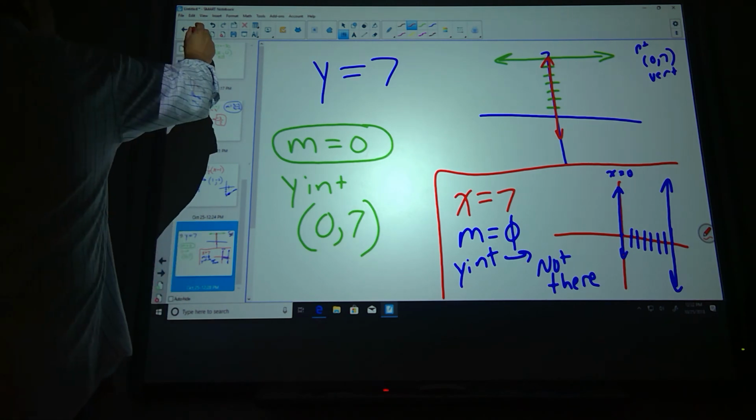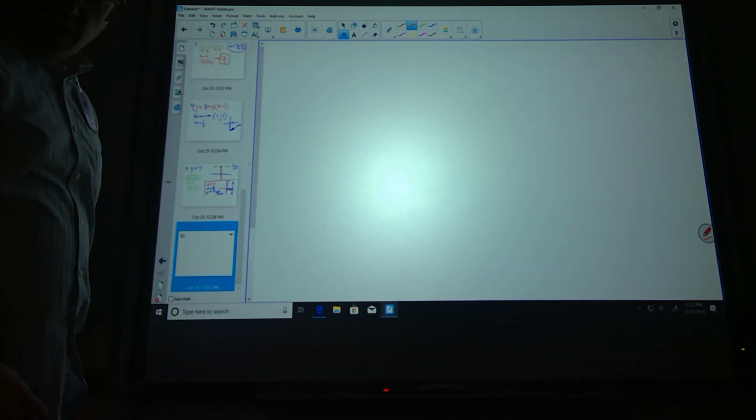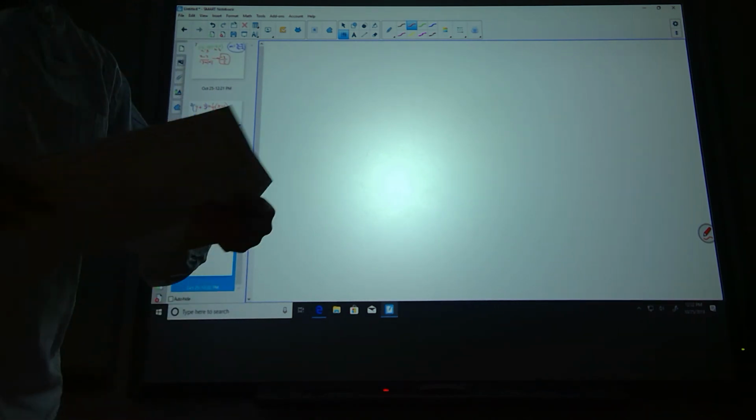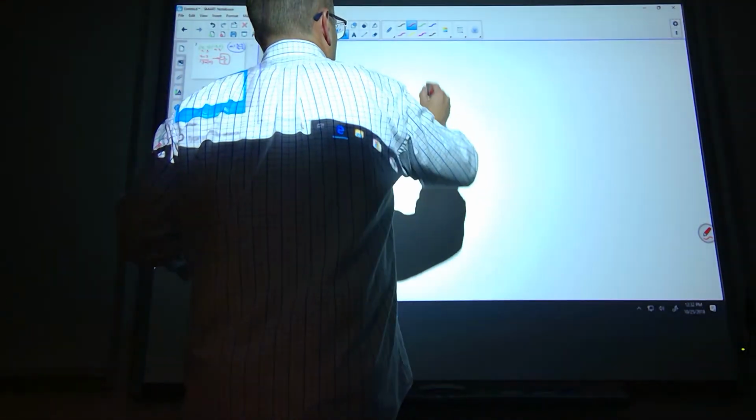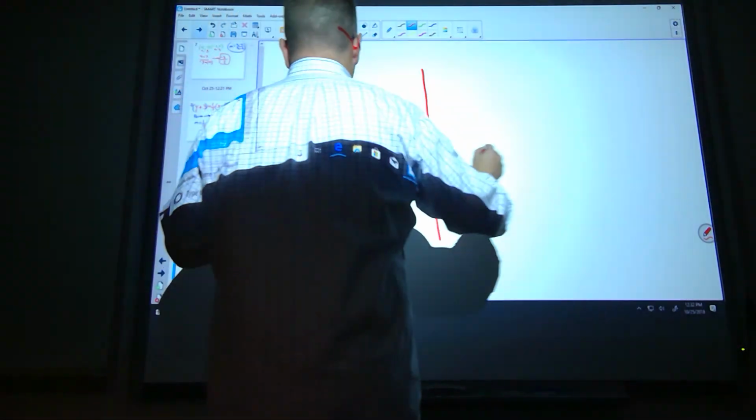All right, let's get to this last one. This looks like an obscure looking W. Do you agree with that? Yeah. All right, let's see if I can draw this kind of close.